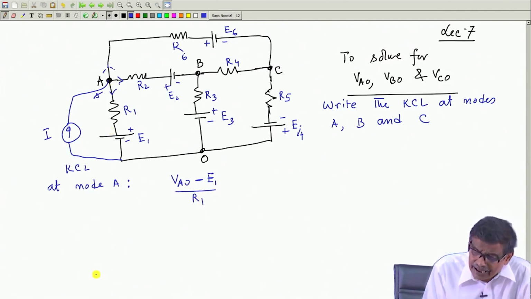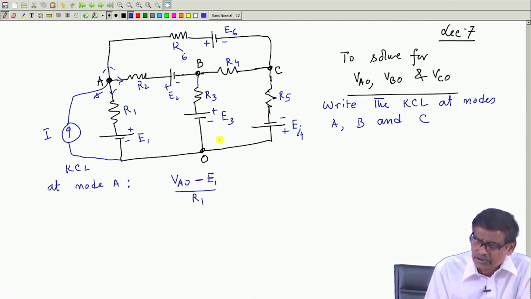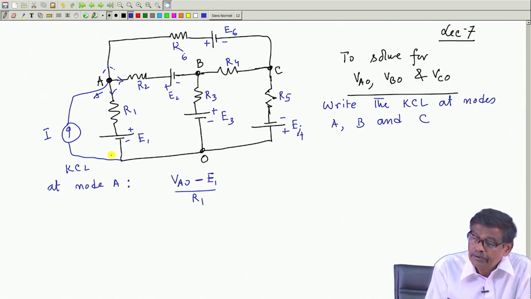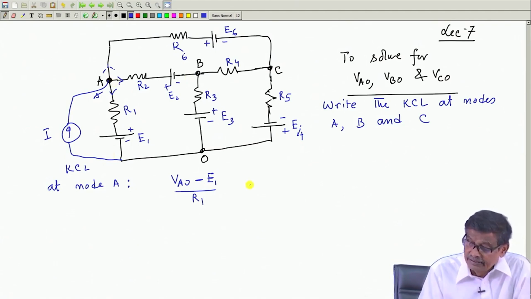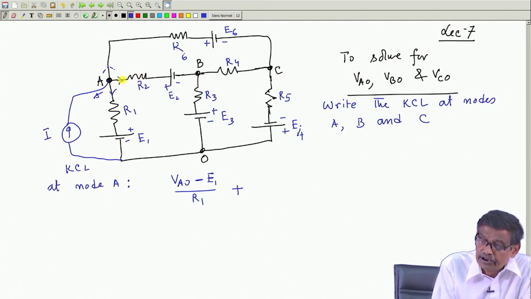If somebody had assumed current flowing from below to top, then he would have defined that current to be E1 minus VAO divided by R1. I think you have understood the point. So, this is this current. Similarly, what is this current? Grab the resistance and find the potential difference between these two points.